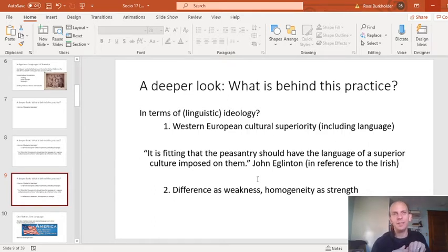Think about this ideology. Difference as weakness, homogeneity as strength. Do you see that playing out in the America that you live in, the America that you perceive in, or run your day-to-day business in? Difference as weakness, homogeneity as strength.